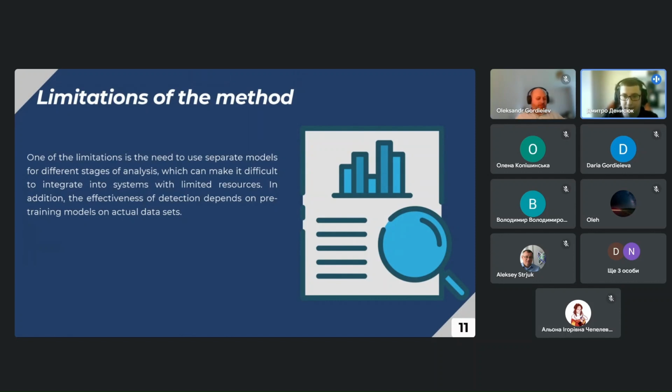This is especially important for systems with limited capabilities. In addition, the effectiveness of the models depends on the quality of the training data, so it is necessary to constantly update and retrain so the system can detect new types of threats.